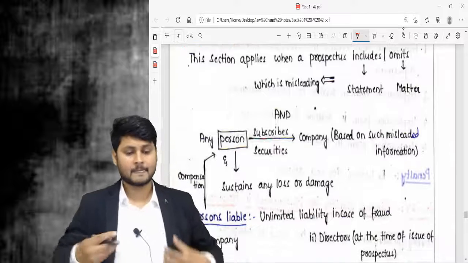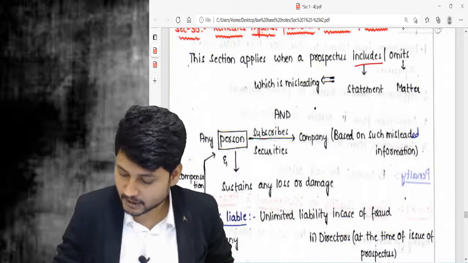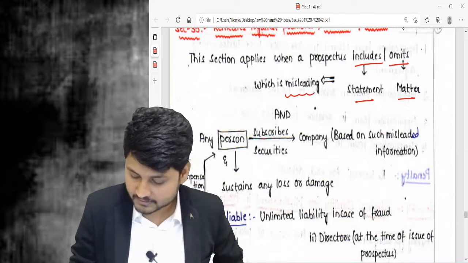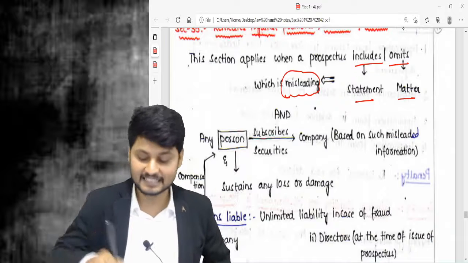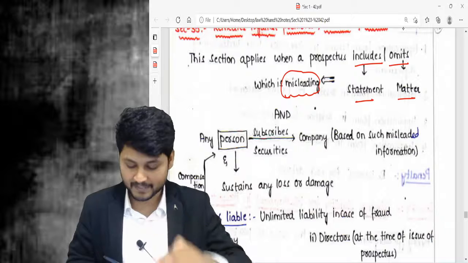Section 35. This section applies only when the prospectus includes or omits any statement or matter, which makes the prospectus misleading in nature. And it doesn't stop here.